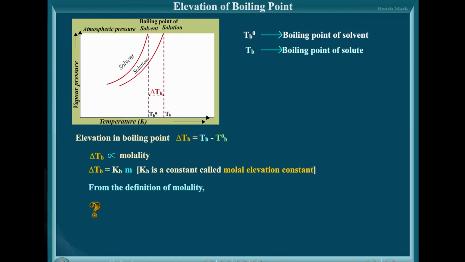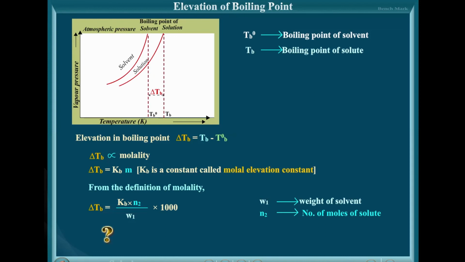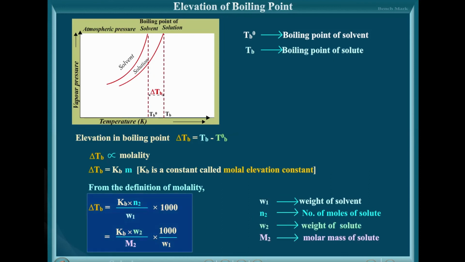From the definition of molality, as I had discussed earlier, delta TB is equal to Kb into N2 by W1 into 1000. W1 is the mass of the solvent, N2 is the number of moles of the solute. So delta TB is equal to Kb into W2 by M2 into 1000 by W1, where W2 is the weight of the solute and M2 is the molar mass of the solute.